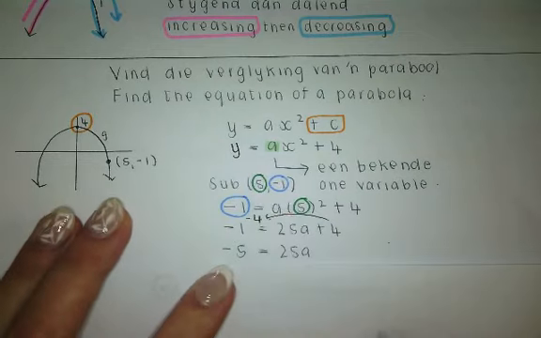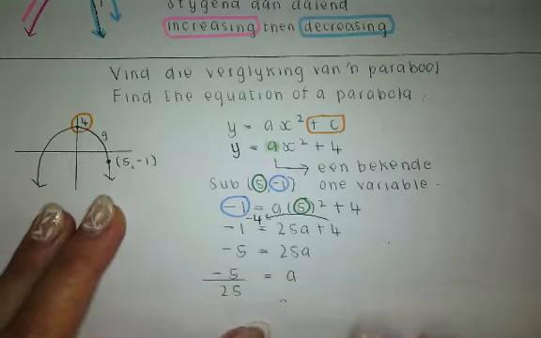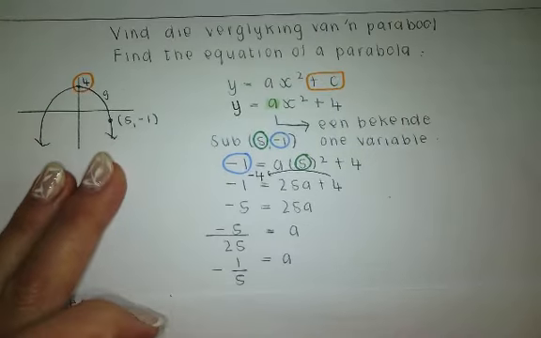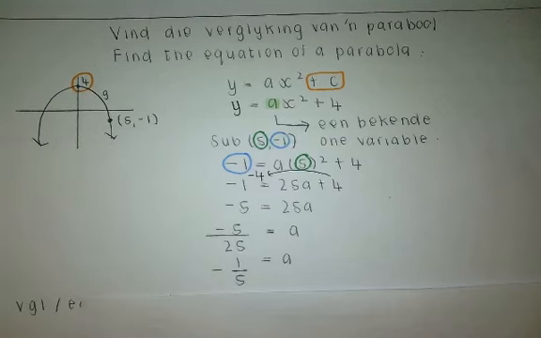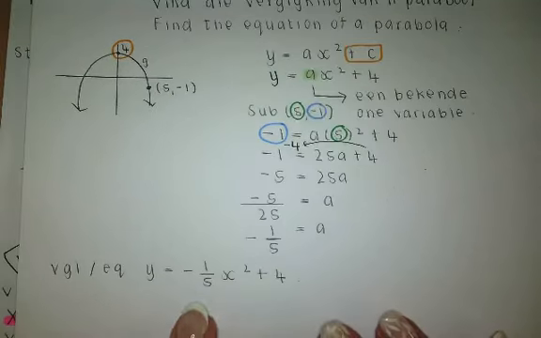So this goes over, it becomes -4. -1 minus 4 is -5. Divide both sides by 25. So a is equal to -1/5. Any questions?